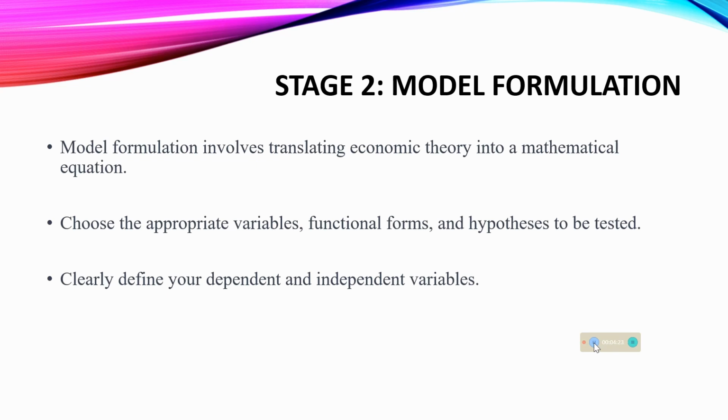Once you are done with the collection of data on the variables of your study, you should be clearly defining your dependent variable and the independent variable. For example, if you want to study what is the impact of trade on economic growth, in this case, trade would be the independent variable, whereas economic growth would be your dependent variable.